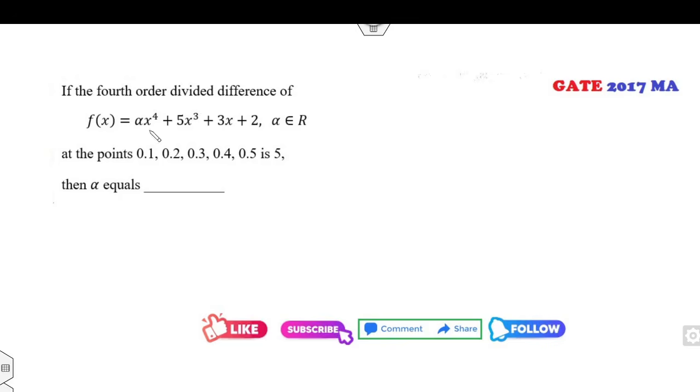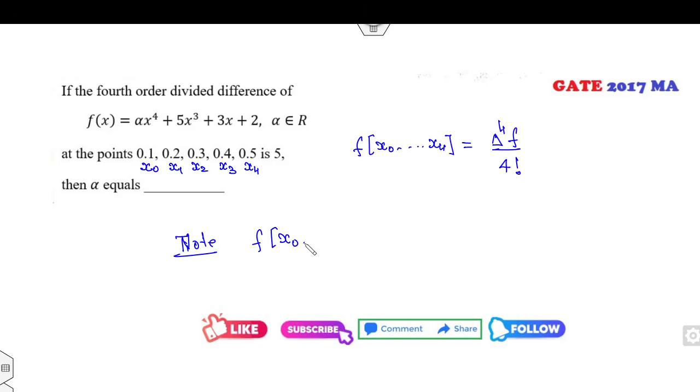The fourth divided difference of the points, this is my x0, this is x1, x2, x3 and x4. All these points are covered. So that means x0 up to x4, which comes to be 4 over 4. Student, remember, if the points are given like x0 up to x5, then to find the fourth derivative it is not equal to this case, because they are considered as 5 points, but we are talking about the fourth derivative.